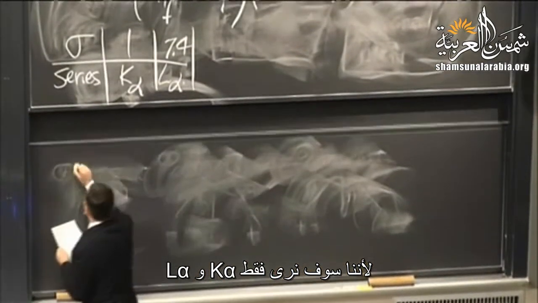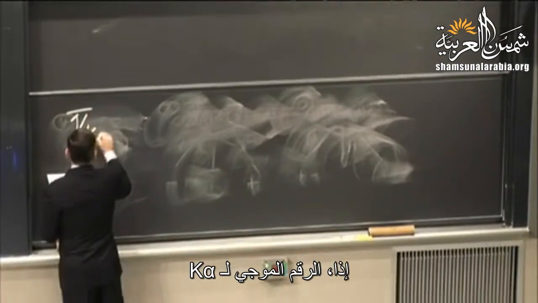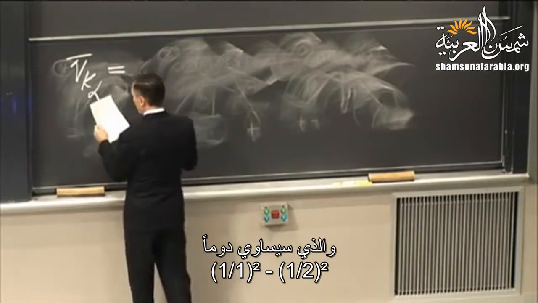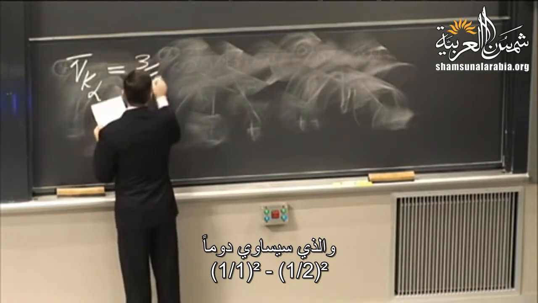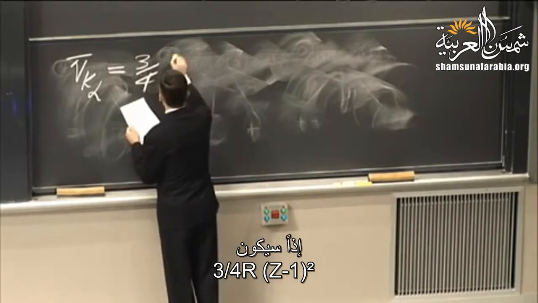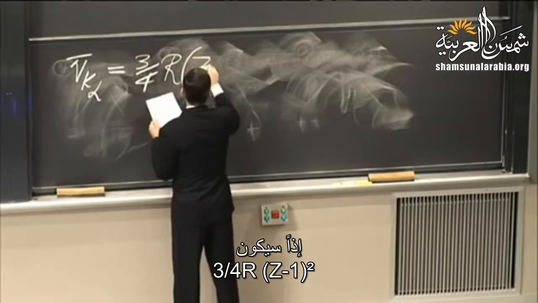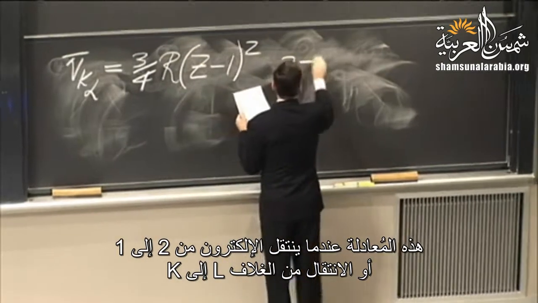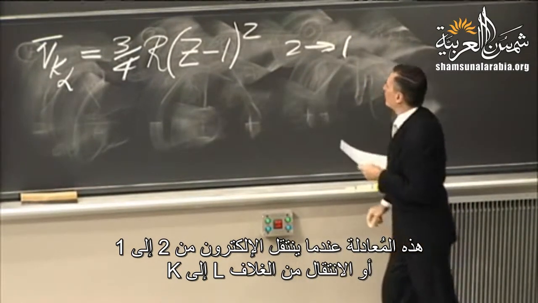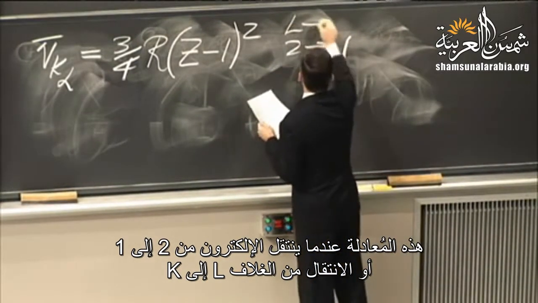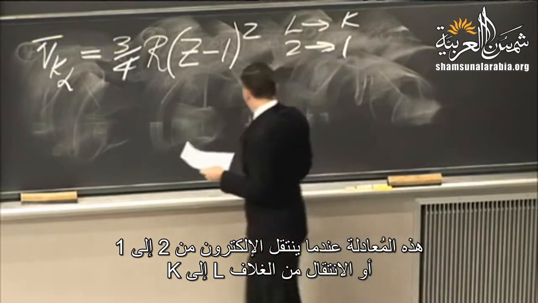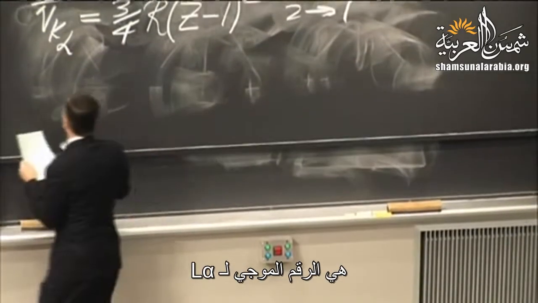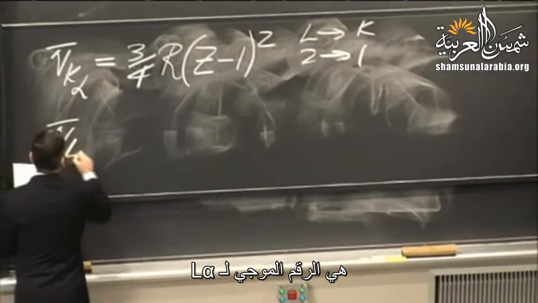So we can say that the wave number for K alpha is always going to be 1 over 2 squared minus 1 over 1 squared, which always comes out to 3/4. So it's 3/4 times Rydberg times Z minus 1 squared. This is for the 2 to 1, or if you like, L to K transition. And then the other one of interest here is nu bar of L alpha.